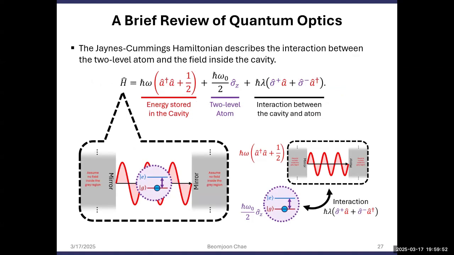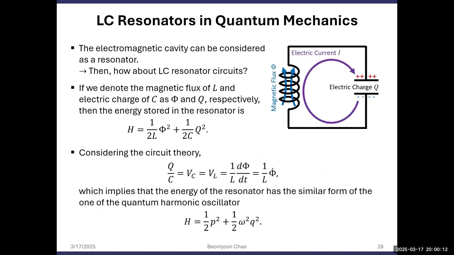It looks like this: the first term represents the energy stored in the cavity itself, the second term represents the two-level atom, and the third term represents the interaction between the cavity and the atom. This is a brief review of quantum optics, so let's move on.